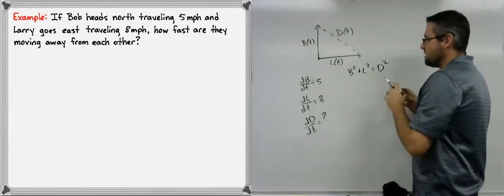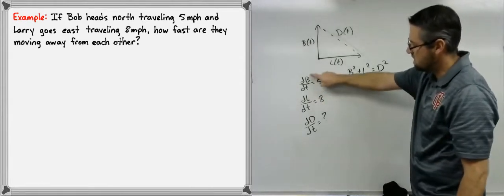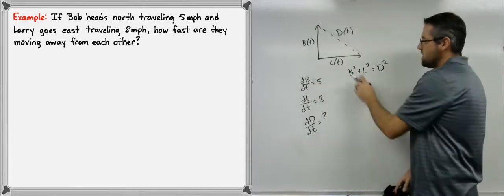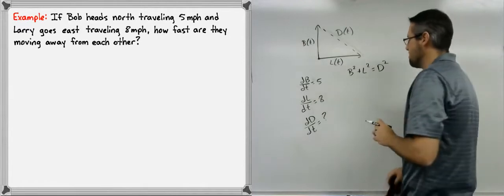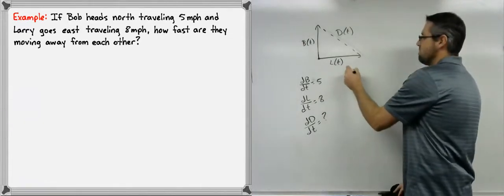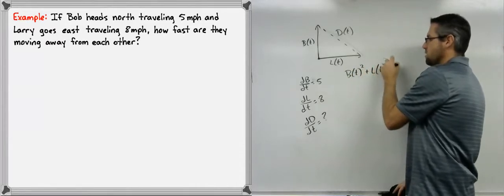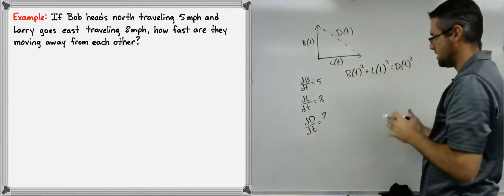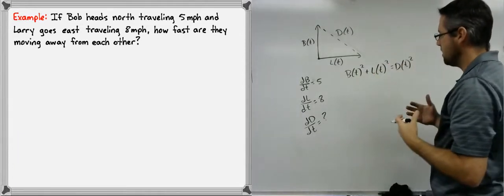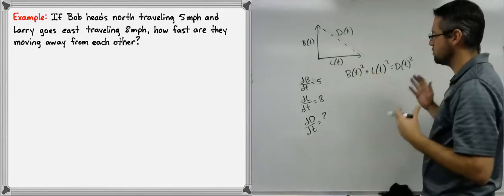Now, we need to be able to take the derivative, because taking the derivative here gives us the dB dt that we want. Keep in mind that b, l, and d are all functions of time. It might have been better for me to say b of t squared plus l of t squared equals d of t squared, so we can see it. But I don't want to keep carrying down that t, because it's going to cause just chaos in our work. So just keep in mind b, l, and d are all functions of time.